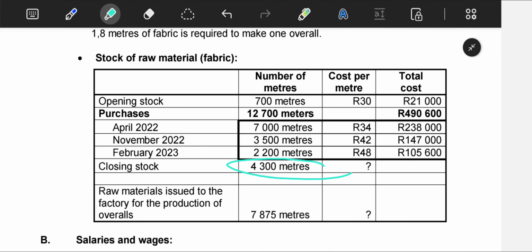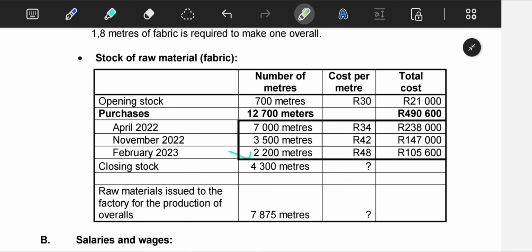Right. So if we are left with 4,300, it means that we have to check where this 4,300 is coming from. Firstly, it is the remaining. Bear that in mind. So if it's the remaining after we have issued everything, it means that it is obviously coming from the very last one, 2,200. And then out of the 4,300, 2,200 is from the February purchases, which was costing 48, which the total is 105,600.